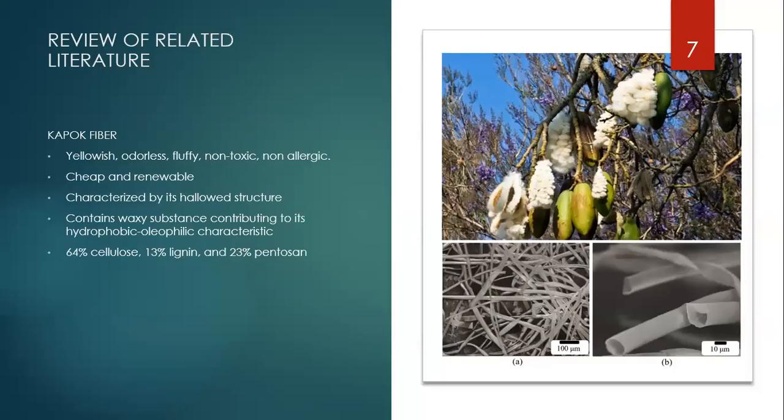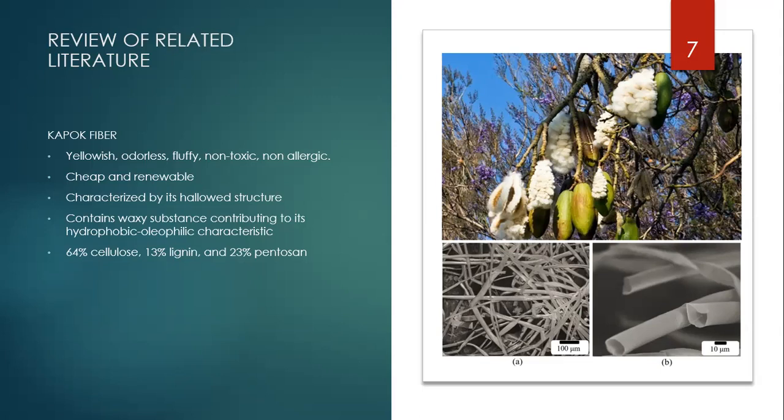So moving on to the review of related literature, let's begin with kapok fiber. So kapok fiber is described as yellowish, odorless, fluffy, non-toxic, and non-allergic. It is also cheap and renewable.